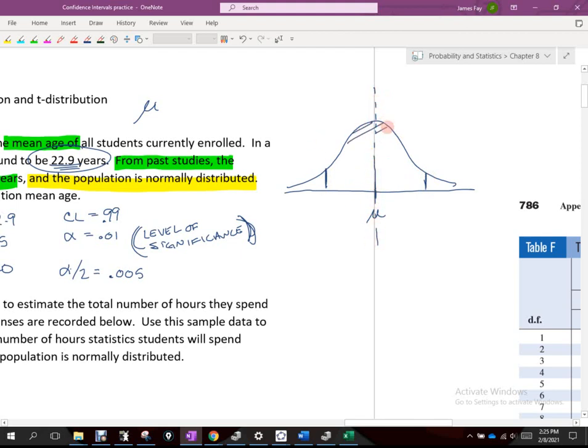We want a confidence interval that is going to encompass 99% of our area right there. That means that area there and that area there total to give you your level of significance, that 1%. Because it's symmetric, that's 0.005, and that is 0.005.